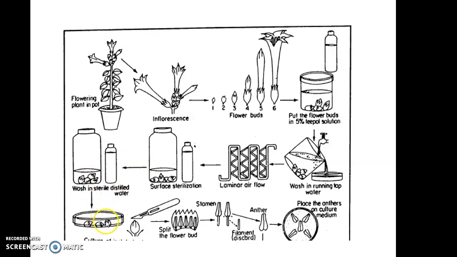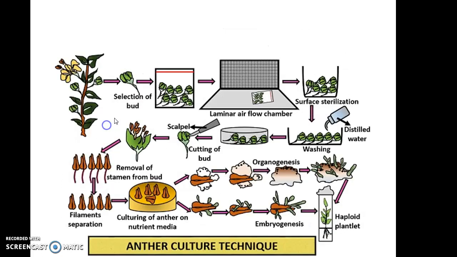Then excise the anther from the flower bud, remove the filament, and transfer the intact anther onto a petri plate containing the medium. So this is the anther culture technique, and that anther may give rise to callus. The callus will develop into shoot or root, that is organogenesis, or the anther may give rise to embryoids. Finally, both organogenesis and embryogenesis will give rise to haploid plantlets.